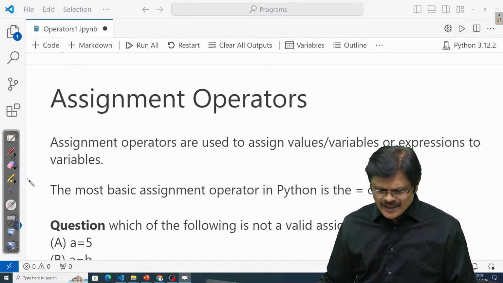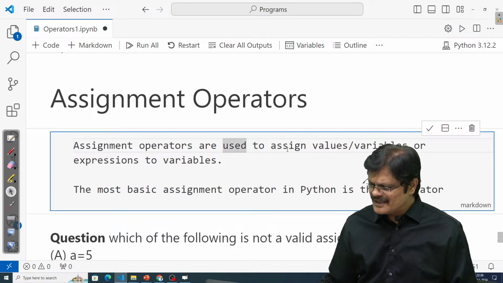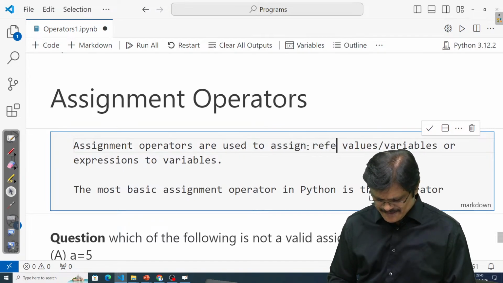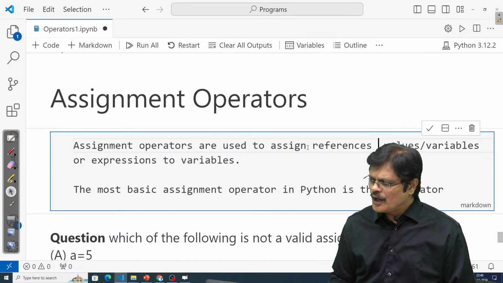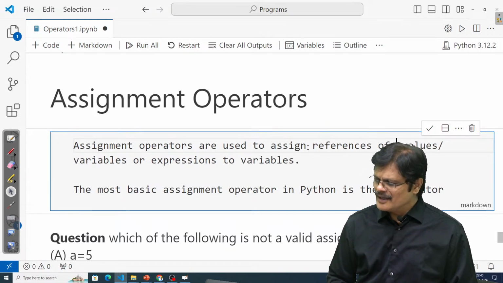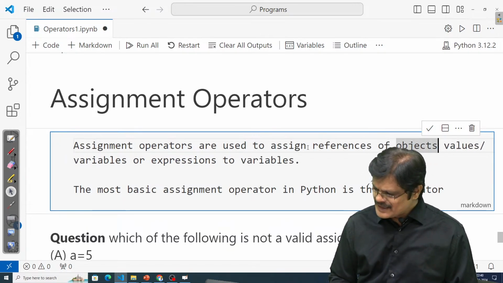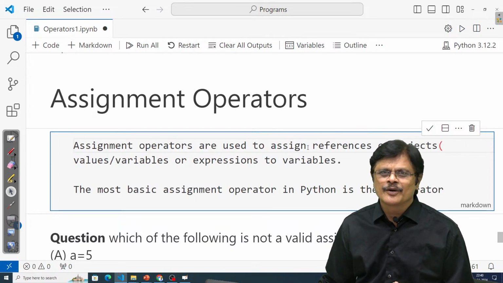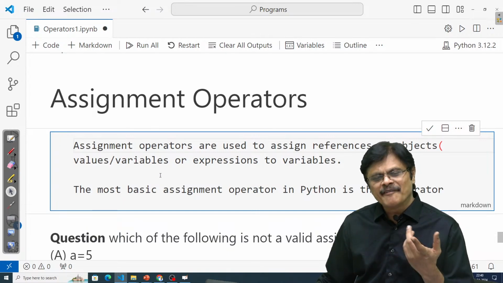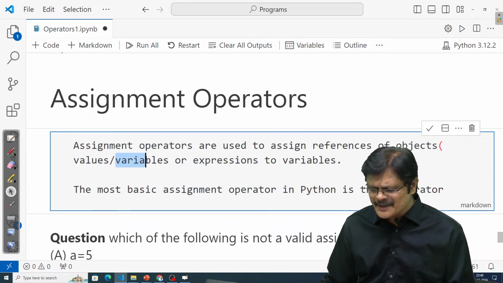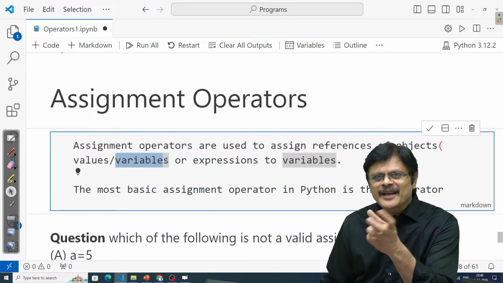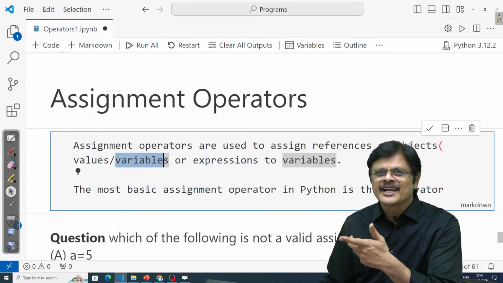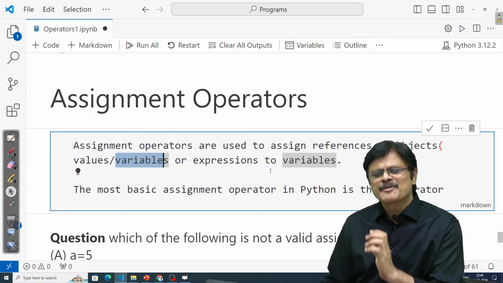Better: assignment operators are used to assign references of objects. These objects can be simple values, a literal, another variable, meaning another object which is already assigned to a variable, or an expression object, whatever it is.